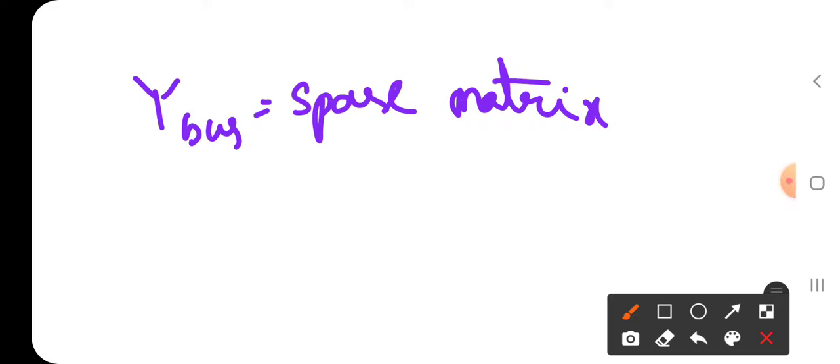A sparse matrix is a matrix that is comprised mostly of zero values. Suppose, for example, in this network I have drawn the various elements like this, but it is not like this in general. So it may be different.